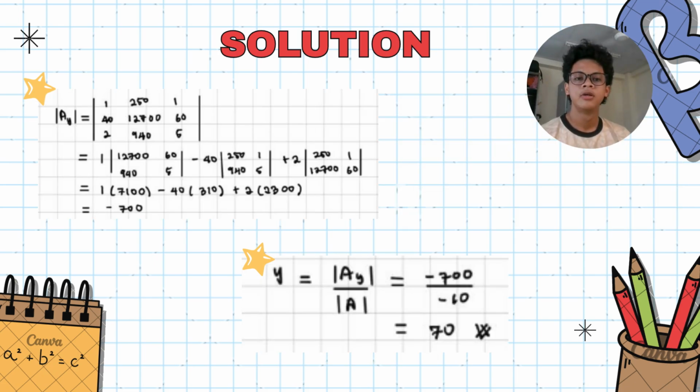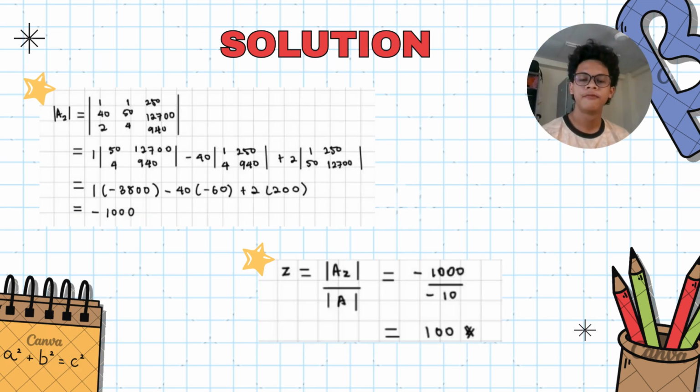After that, we will find the determinant of AY by changing the second column with the constants, which we will get the answer equals -700. So we apply Cramer's rule to find the value of Y, which is determinant of AY divided by determinant of A, and we will get the answer equals 70.